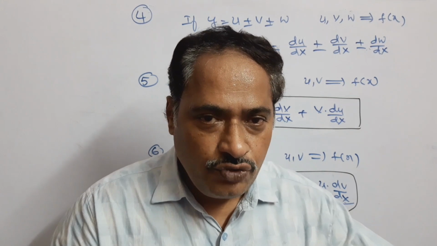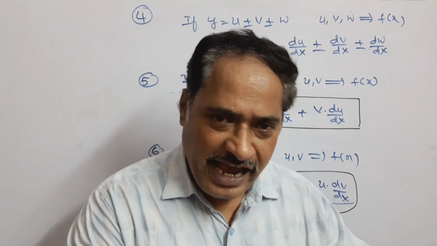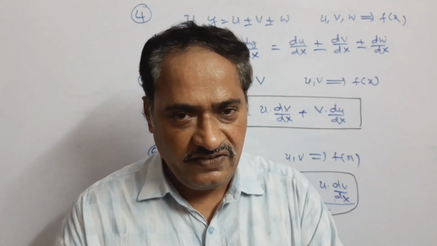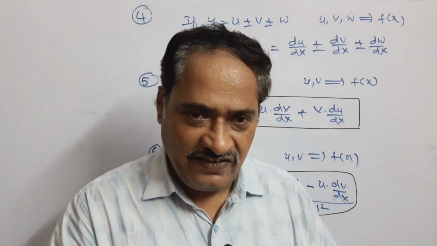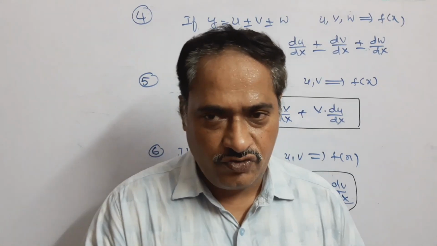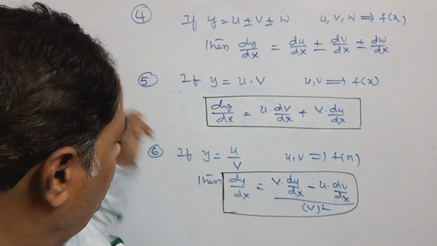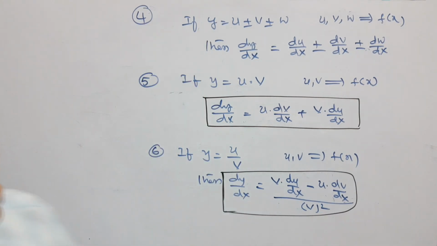If y equals e power x, you get e power x. Like that you have trigonometric values: the derivative of sin x is cos x, of cos x is minus sin x, and of tan x is secant square x. So you may have a number of equations, but these 6 are the main equations that can be used.